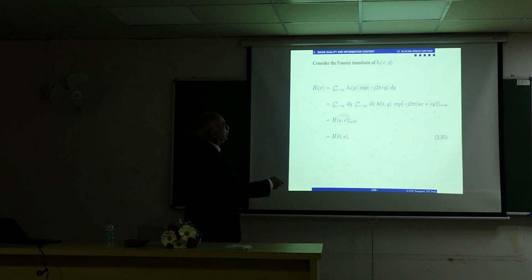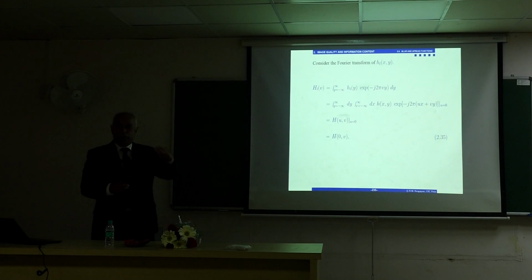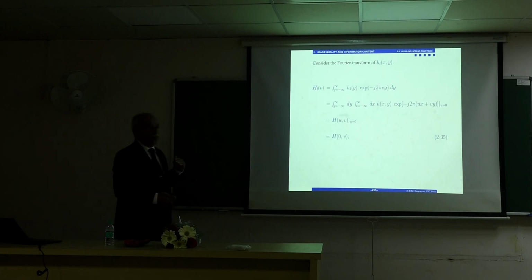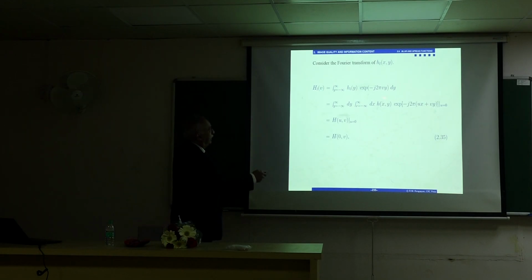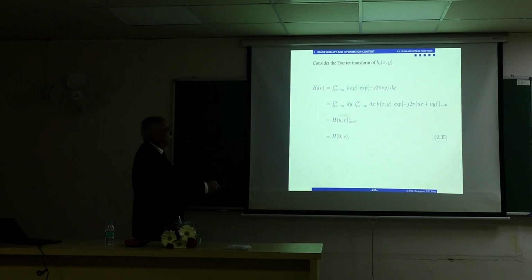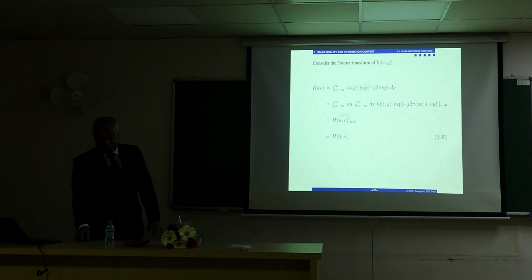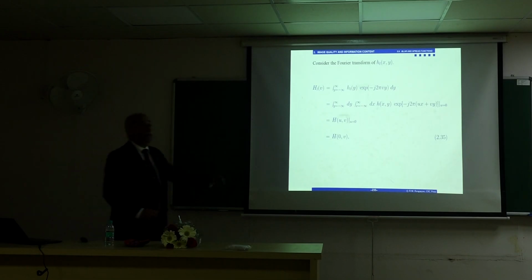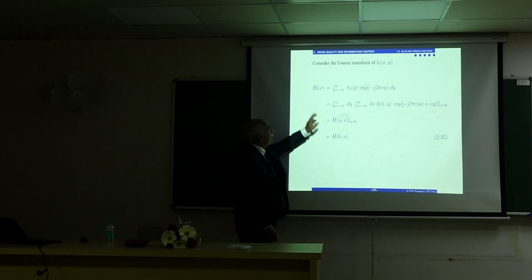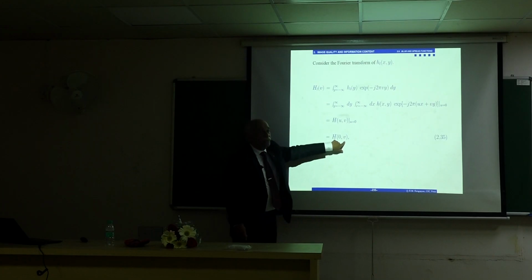Exponential minus j2 pi (ux plus vy), but now u equals 0, because we are only taking one line spread. That integral turns out to be H(u,v) at u equal to 0, which is H(0,v). So you're getting the values of the Fourier transform of the two-dimensional point spread function along one axis, one line.